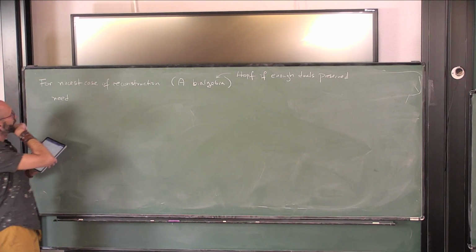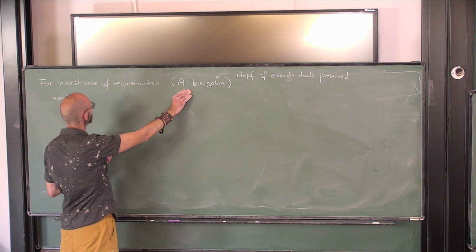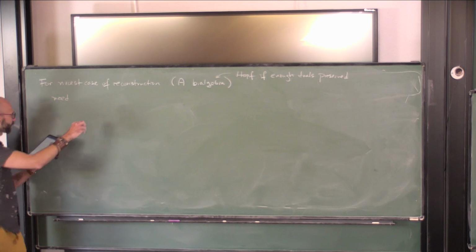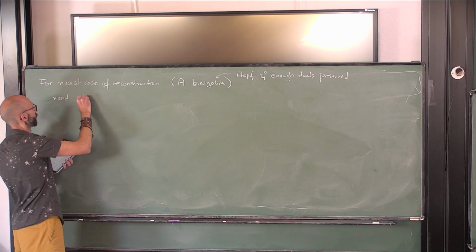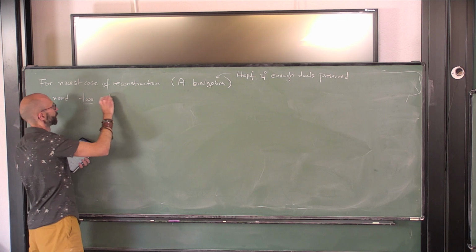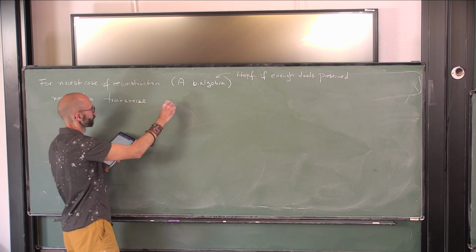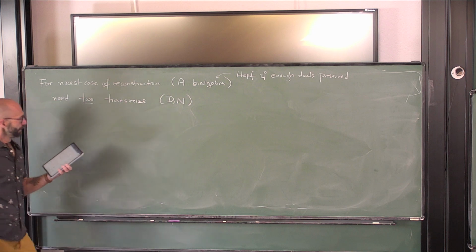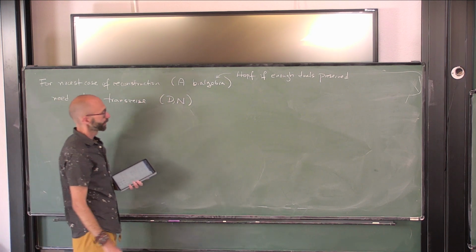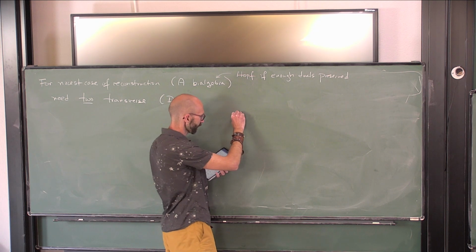Cool. So to reconstruct a bialgebra, we actually need two transverse boundaries. And transversality in this dimension looks like this.